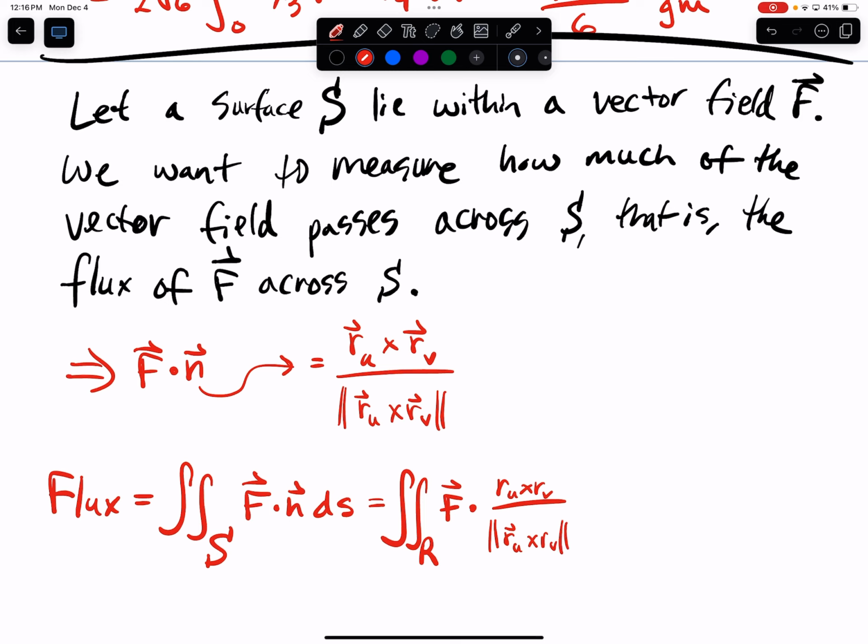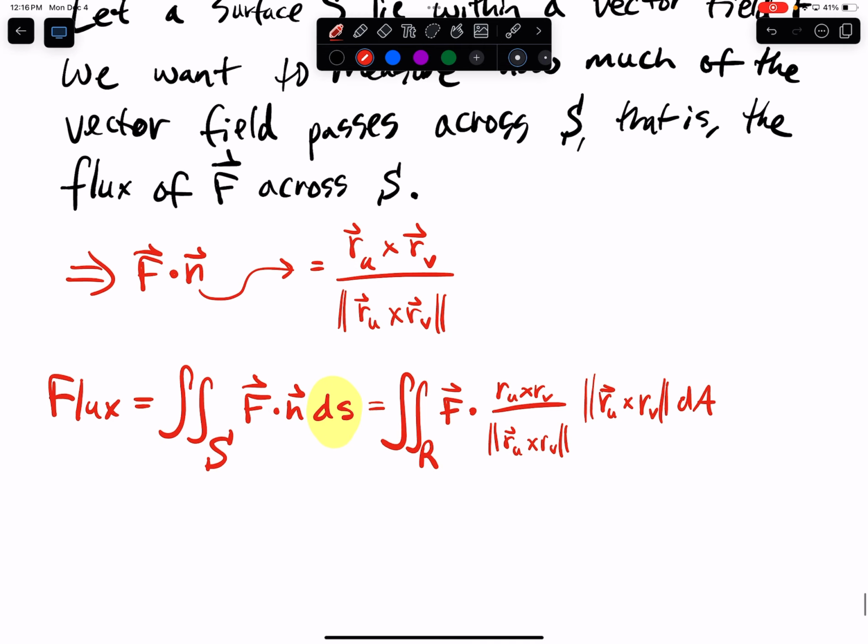But then what is dS? Remember, it's the magnitude of ru cross rv dA. And so what happens that's nice here is these two complicated things cancel each other.